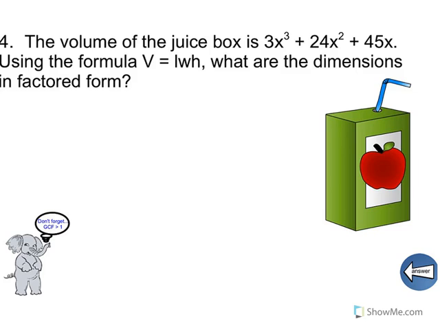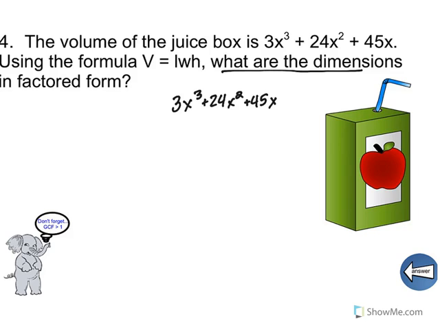Okay, we do have application problems that we want to make sure that we go through before we start solving them. So, in this particular one, we have 3x cubed plus 24x squared plus 45x. Now, on this particular one, because it's asking what are the dimensions, we want to know what the length, the width, and the height are.